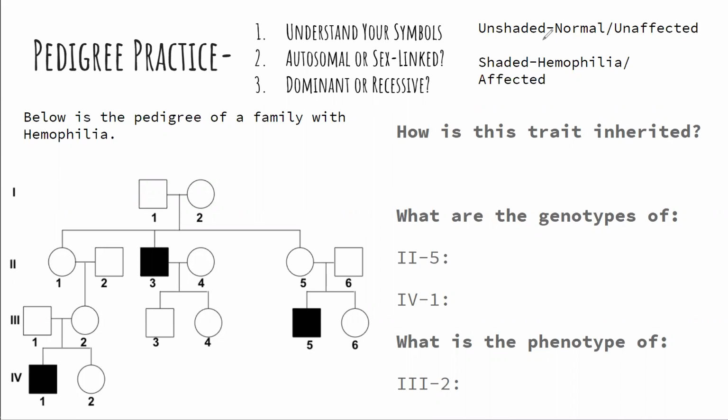Now, is this trait autosomal or sex-linked? Are males and females equally affected, or are more males affected? Remember, females are circles and males are squares. Let's count how many affected males we have. 1, 2, 3.